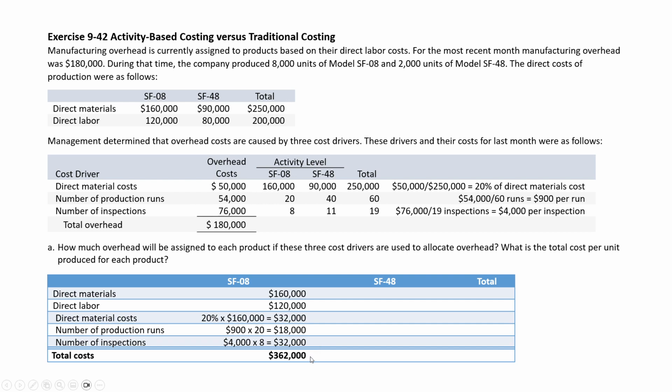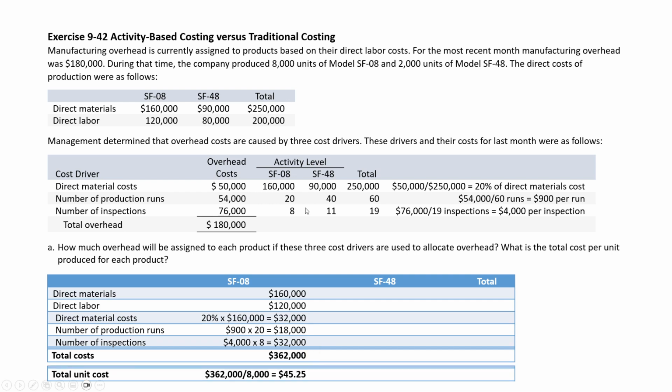Dividing it by the number of units produced, which we previously said was 8,000 units of model 8, 362,000 divided by 8,000 means using ABC we'd assign an average of $45.25 per unit. Now let's compare this. I'm going to let you do model 48 on your own.